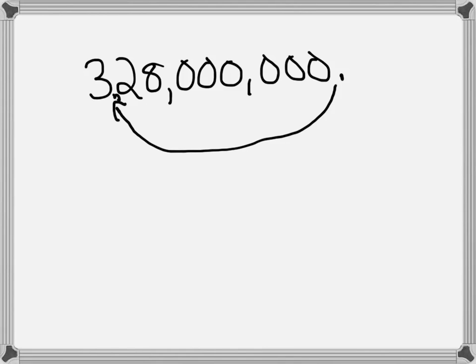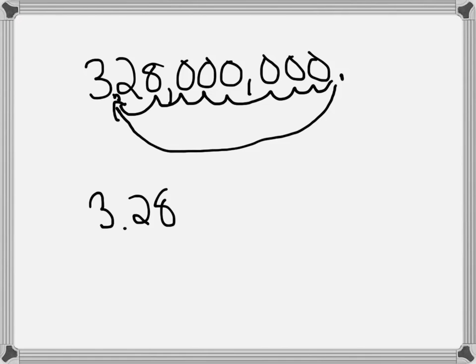By doing that, you'll have a number of 3.28 at the beginning. It moves back once, twice, 3, 4, 5, 6, 7, 8 times. So we say that 328 million in scientific notation is 3.28 multiplied by 10 to the power of 8.